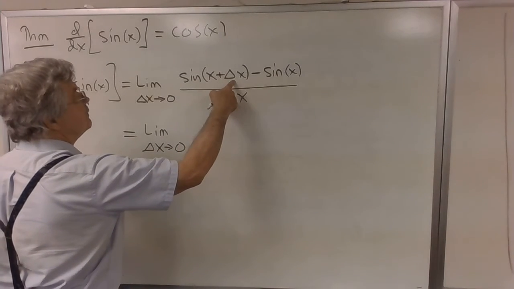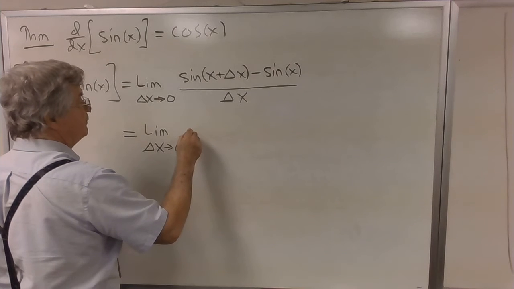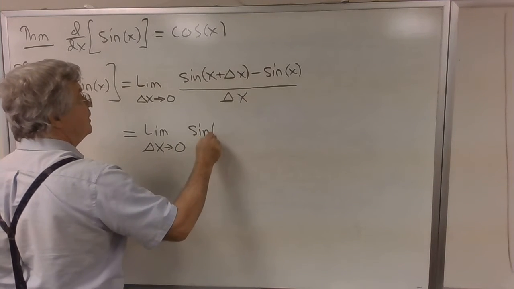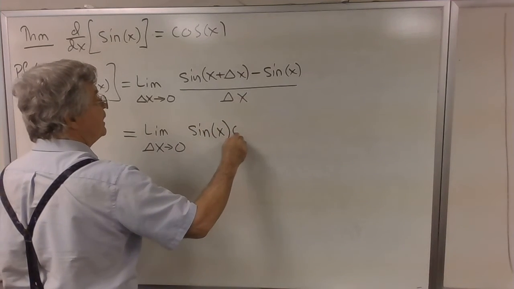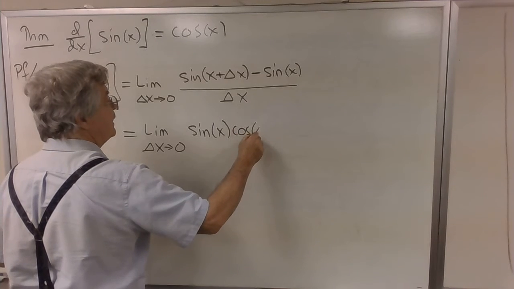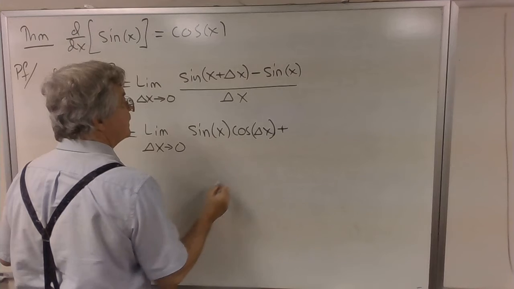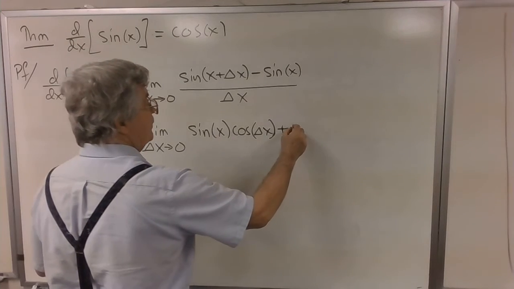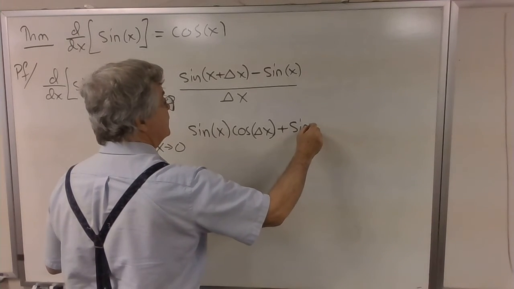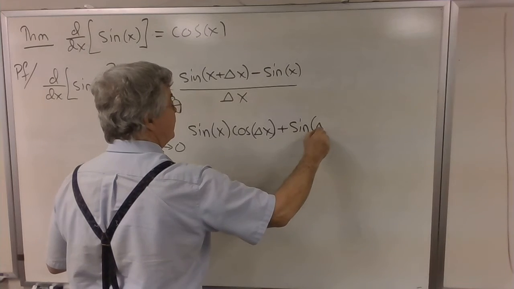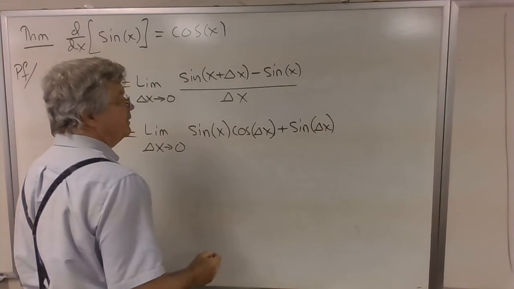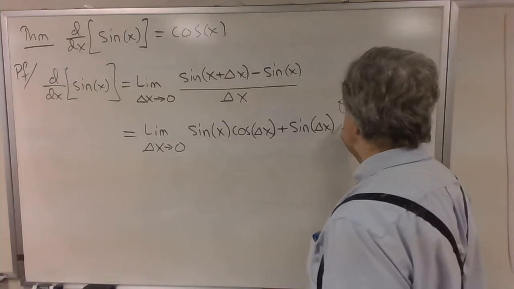The sine of the sum of two angles is the sine of the first times the cosine of the second plus the sine of the second times the cosine of the first.